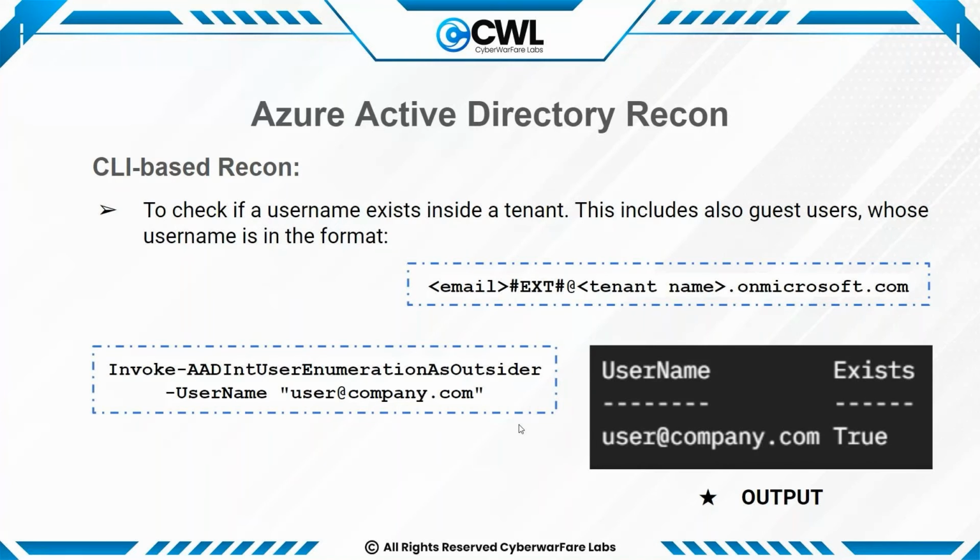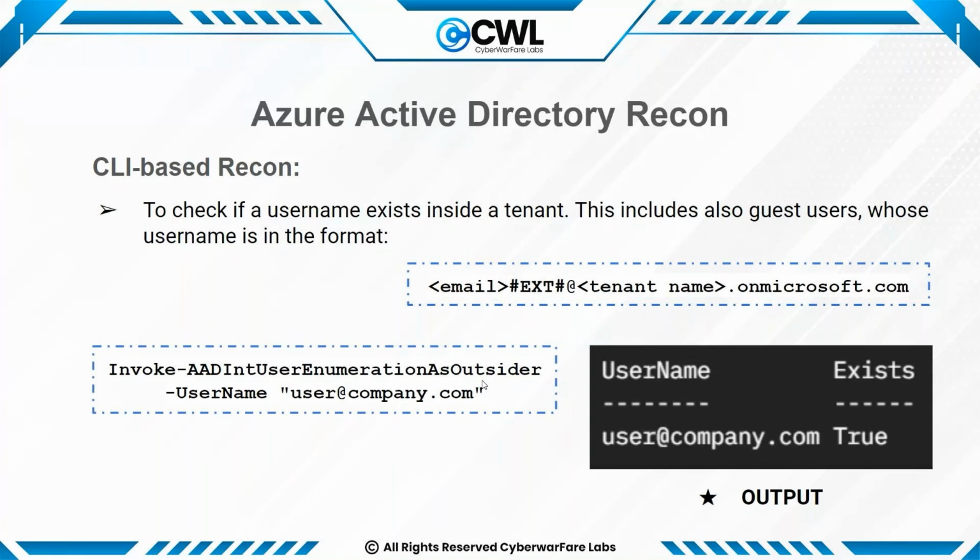This command is useful for assessment and some of the testing. It can also be useful in incident response. But this particular Invoke-AADIntUserEnumerationAsOutsider cmdlet suggests it performs user enumeration against Azure AD as an outsider.